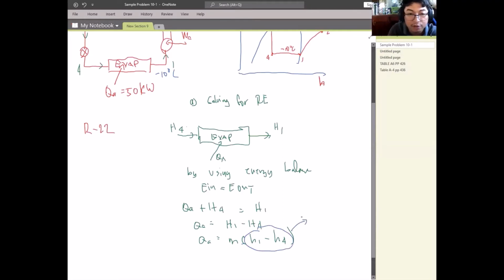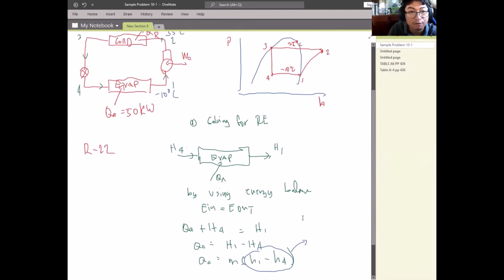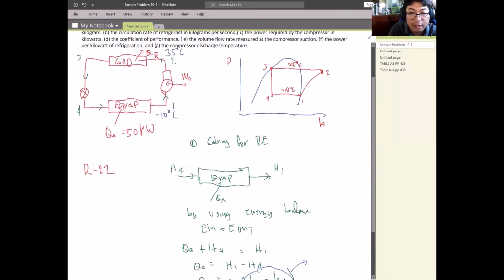So first things first, we will find the values of H1 and H4 in our pH diagram.